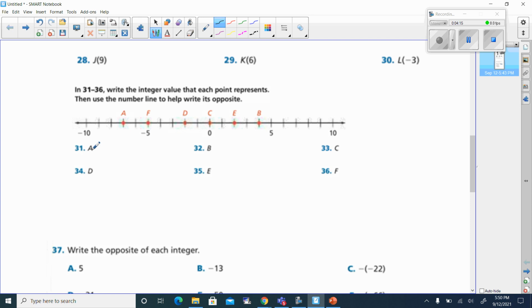And A is representing, well, this is a -5, -6, -7. Okay, and then use the number line to help write its opposite. Well, the opposite of -7 will be +7. So I put that over here.